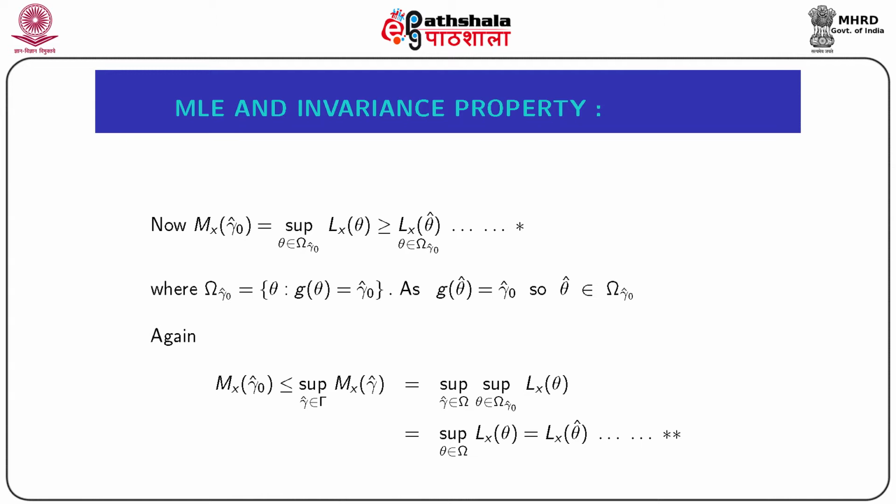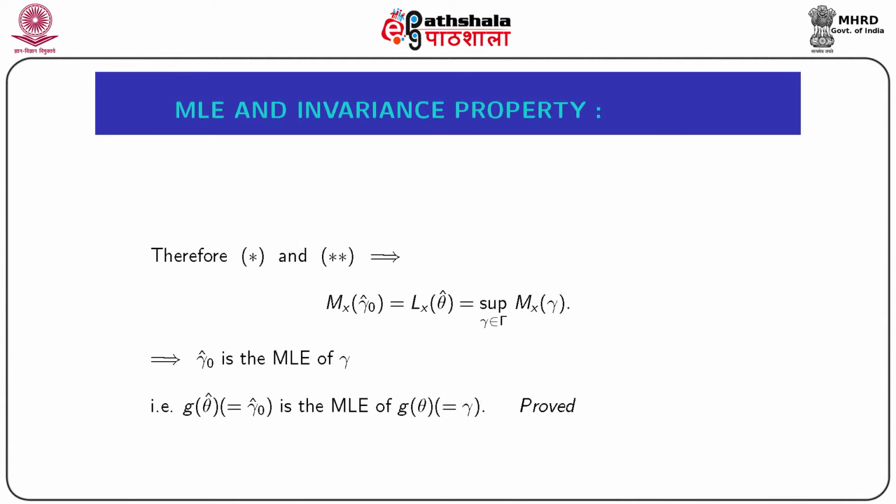Now, combining these two suprema, we can say this is equal to the supremum over all theta belonging to the parameter space omega of the likelihood function L_x(theta), and obviously that is nothing but the likelihood function at the point theta hat. This inequality is denoted by double star.